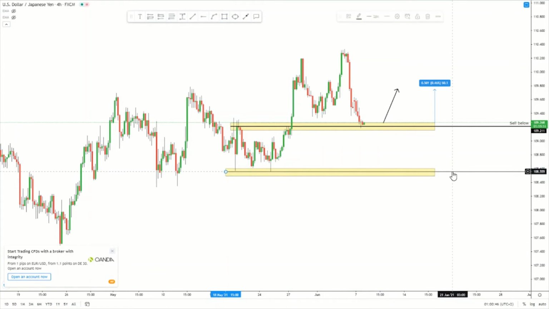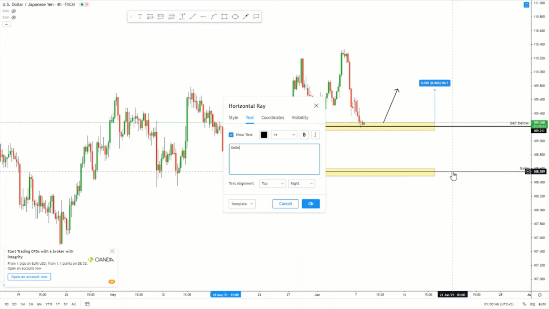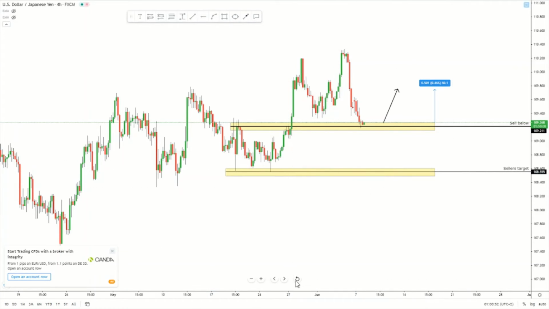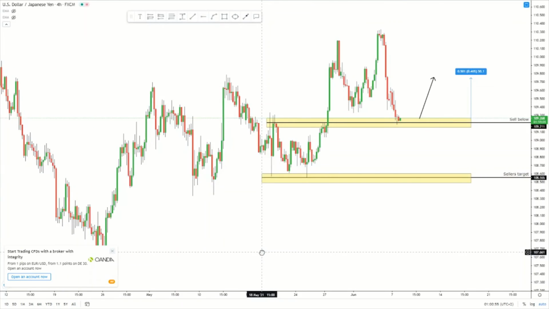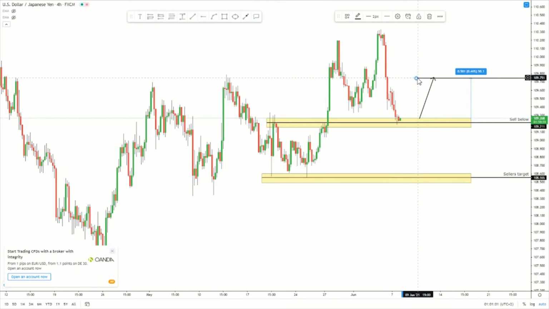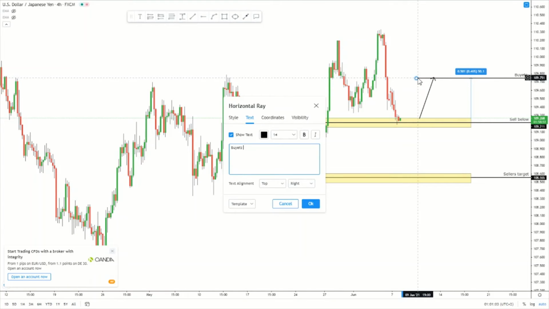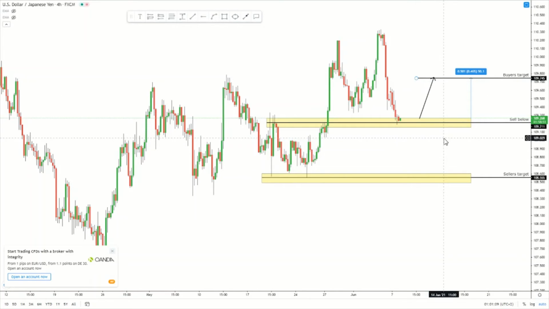This would be my seller's target. Alright, so that is currently how my charts would look on USD JPY structurally. So I'll see in my buyer's target. Structurally, that is what I'll be looking at.